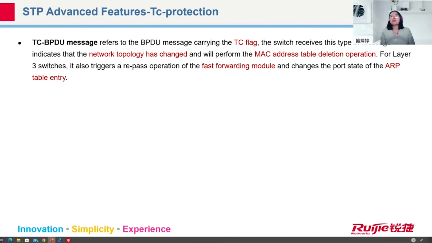So we use the TC BPDU, meaning we make the TC flag become 1. This is also a configuration BPDU. The root bridge will send out the TC BPDU to let everyone refresh their MAC address table and shorten the aging time from 300 seconds to 15 plus 20, 35 seconds. So if I receive a TC BPDU, I will delete the whole MAC address table and learn again.